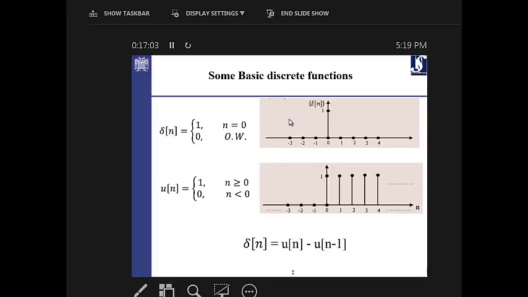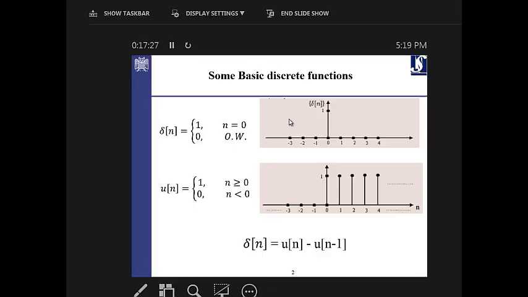So we see that this signal x of n can be easily written as scaled and shifted versions of the impulse function.